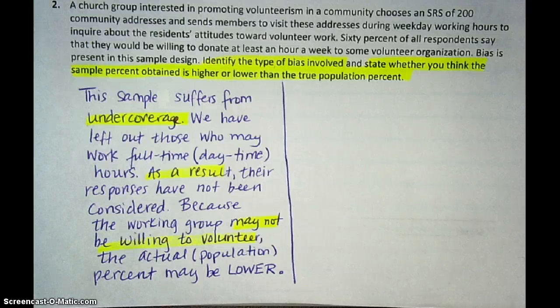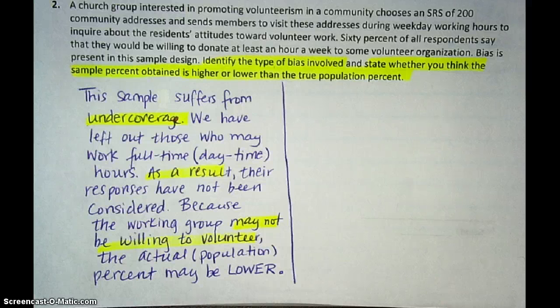Now, there's a second school of thought. Think about who is going to the neighborhoods asking these questions. This is a church group, and they're trying to promote volunteerism. So think about what would happen if a church group came to ask about volunteers.